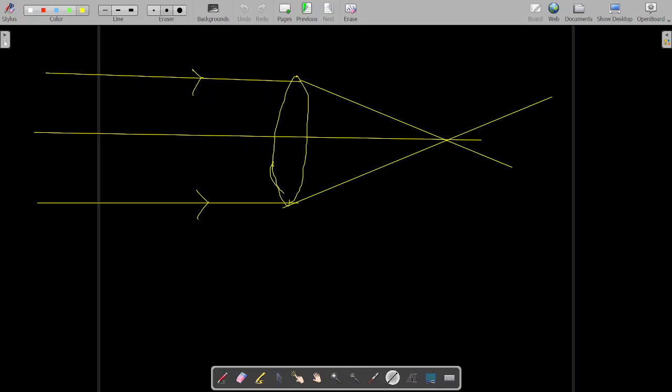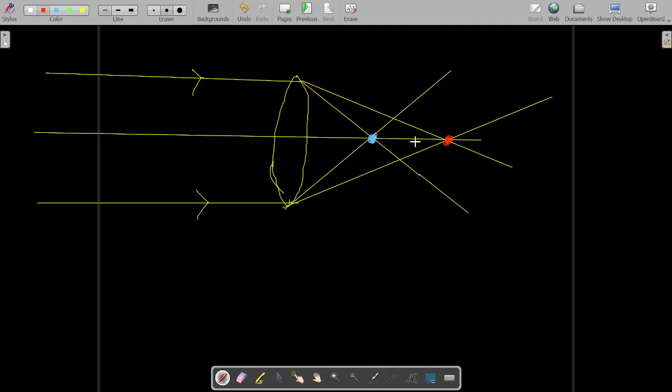According to this figure, this is the point at which the violet image is found, and this is the point where the red image is found, where the red light is focused.